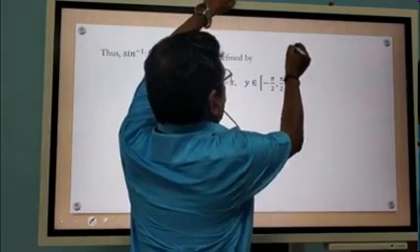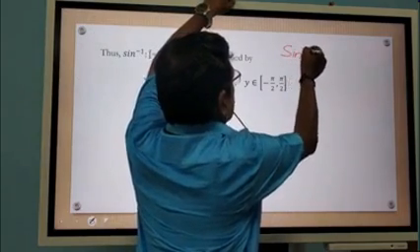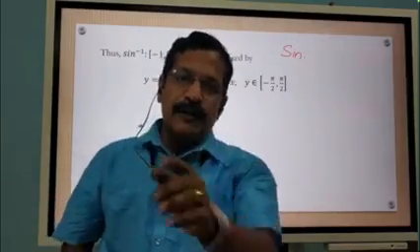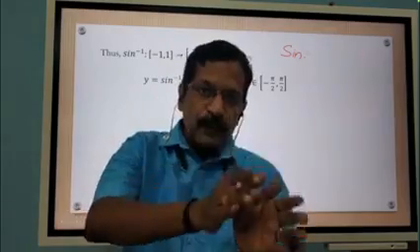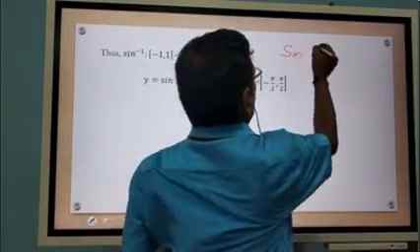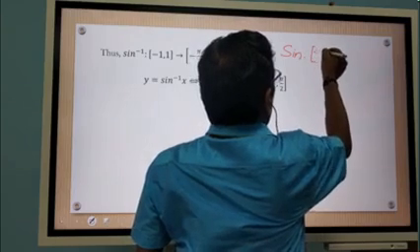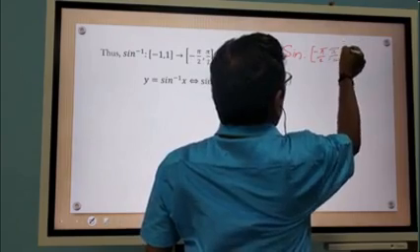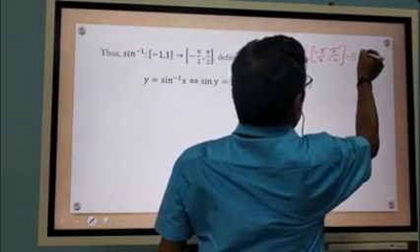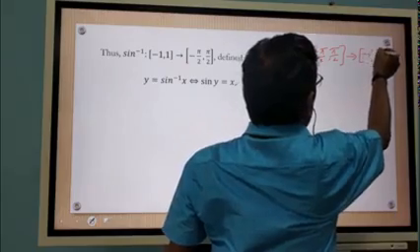Now, what about the sine function? The sine function is actually from R to R. Now we have restricted that domain to minus pi by 2 to plus pi by 2, so it is from the interval minus pi by 2 to plus pi by 2 to the closed interval minus 1 to 1.